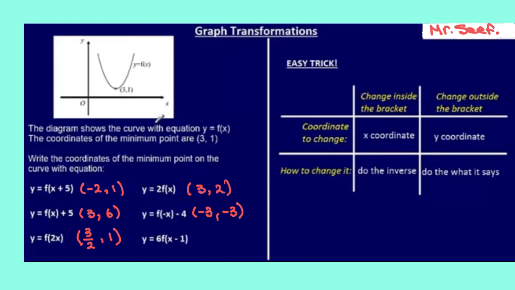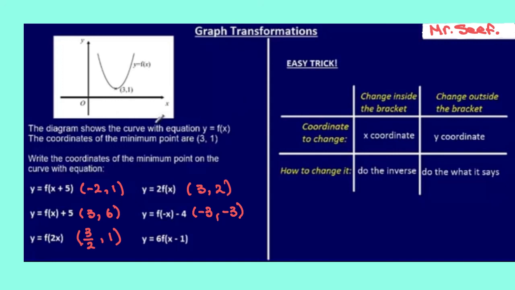In the final one, we've also got two transformations going on at the same time. We've got minus 1 inside the bracket and multiply by 6 outside the bracket. So we'll do them individually. We'll do the minus 1 inside the bracket. So that means we change the x coordinate. And how do we change it? We do the inverse.